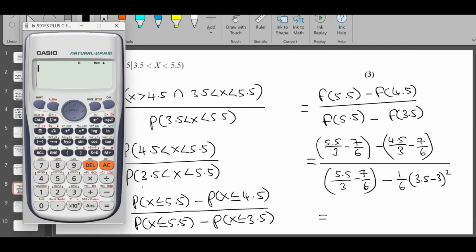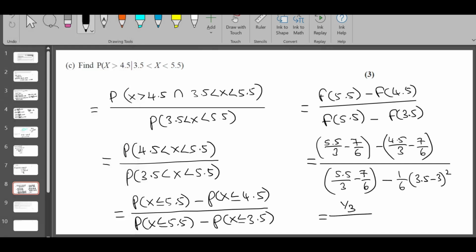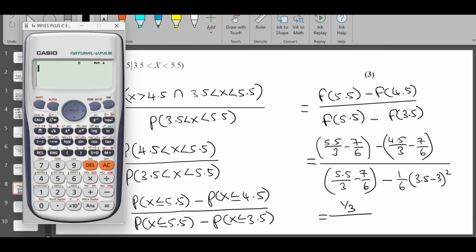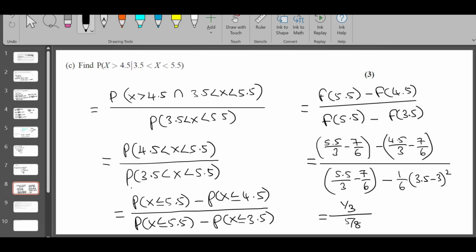Okay, the 7 over 6 can be cancelled. 5.5 over 3 minus 4.5 over 3 is 1 over 3, divided by, I just need to calculate the denominator now. 5.5 over 3 minus 7 over 6 minus 1 over 6 times 0.5 square is 5 over 8.